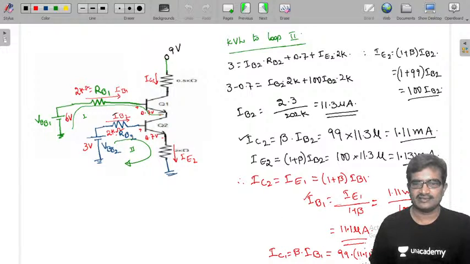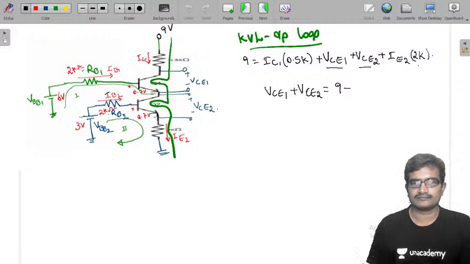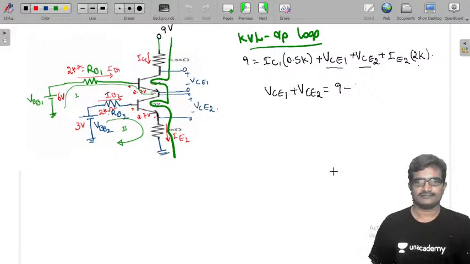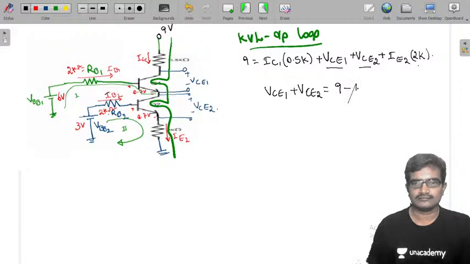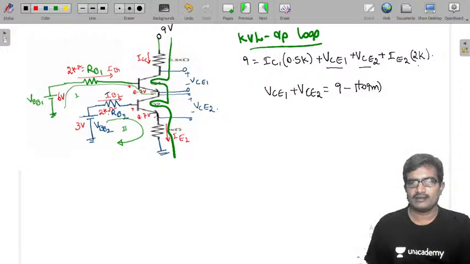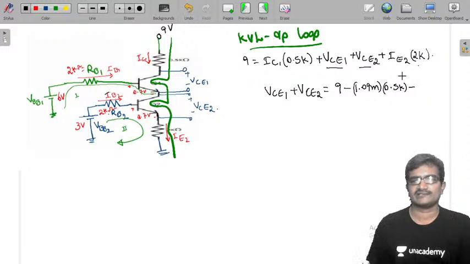IC1 is 1.09 milli, into 0.5 K, minus IE2.